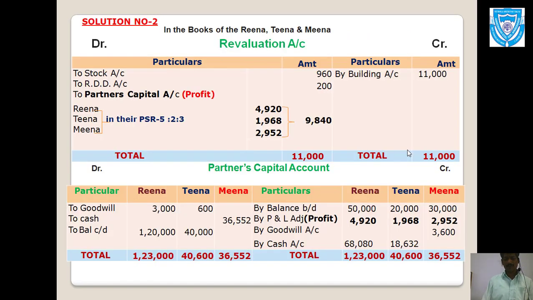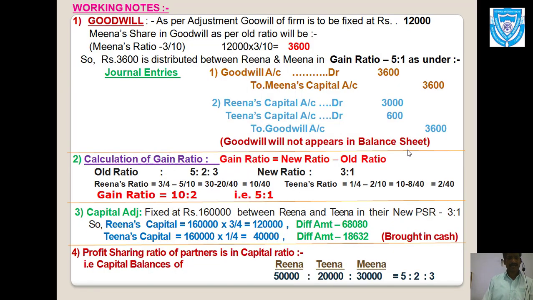I have prepared one working note for that, and in that I have shown that Reena, Tina and Meena, their capital balances are 50,000, 20,000 and 30,000 respectively, and that is why their PSR, that means profit sharing ratio, will be 5:2:3.